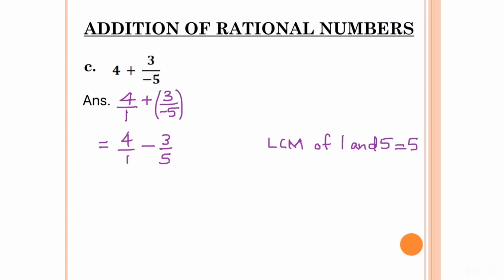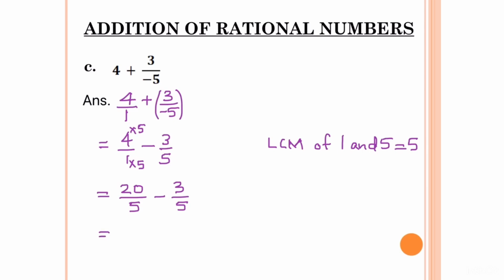Therefore, to make the denominator 1 as 5, we will multiply 1 with 5 and the same number will be multiplied even with the numerator. This expression will be equal to 4 times 5 is 20 by 1 times 5 is 5 minus 3 by 5. Now we have got the denominator same.